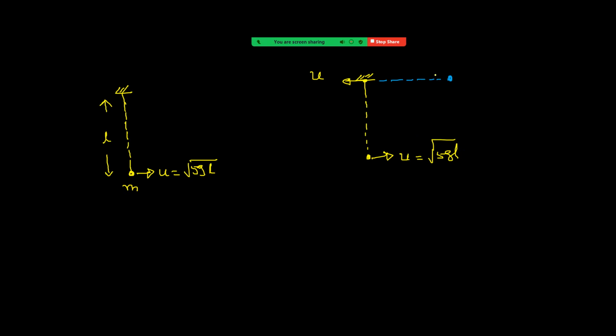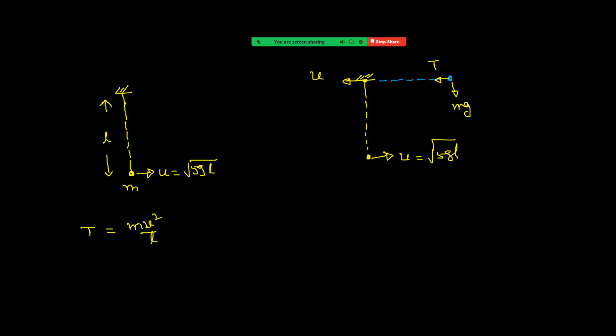See the free body diagram. Tension provides the centripetal force, and mg will be along the tangent, which means mg becomes the tangential force. That means T equals mv square by r, and r equals L. Now, if we know the v value, we can find the tension.